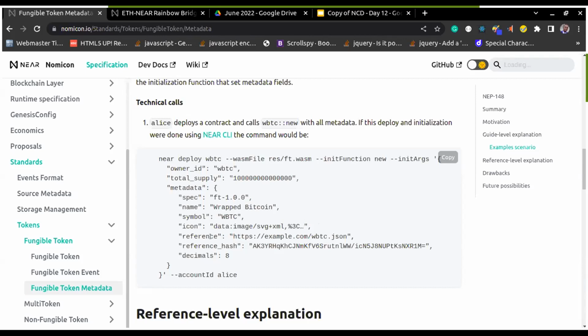Then reference is basically a file that has been stored in an external blockchain storage solution. In this case, it could be IPFS, it could be Web3 storage and all that. So this is basically a file that is going to represent these metadata information. So that if in any case anyone tampers with these metadata within the blockchain, then we can reference it with the other file that is stored in the external blockchain solution.